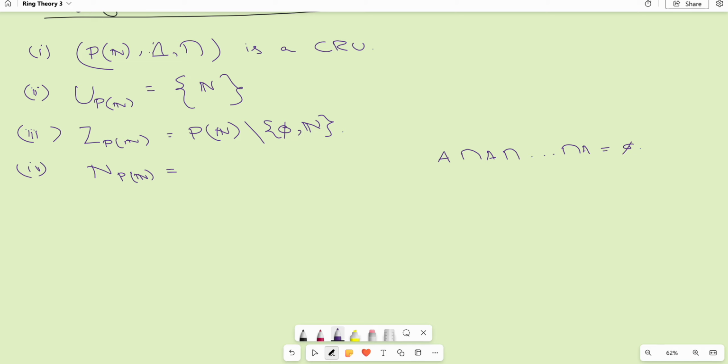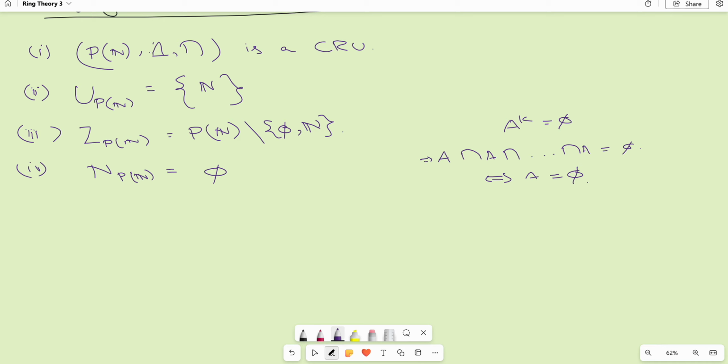What is the choice for A? It is empty if and only if A is empty. There is no other choice. 0 means here the empty set. So A to the power k is empty with respect to intersection, which implies that it can only happen if and only if A is empty. You have to choose the same element, right? So this is why it is the empty set.